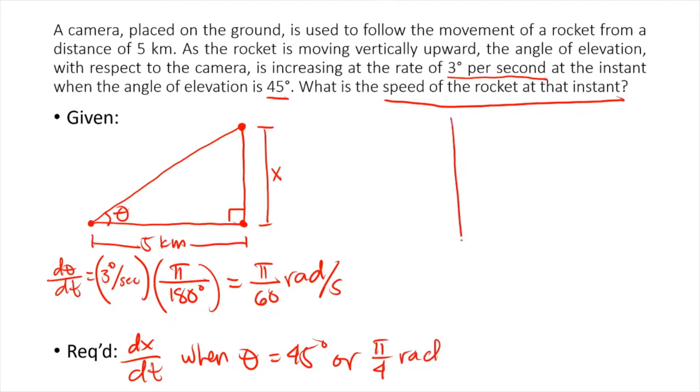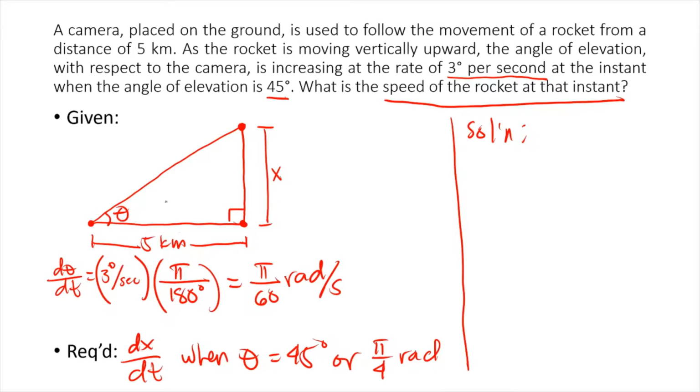Now let us set up our working equation. We are given an angle measurement that is changing over time. So obviously, we need to apply trigonometric functions. If you look at the right triangle here, opposite angle theta is x, and adjacent to angle theta is 5 kilometers.